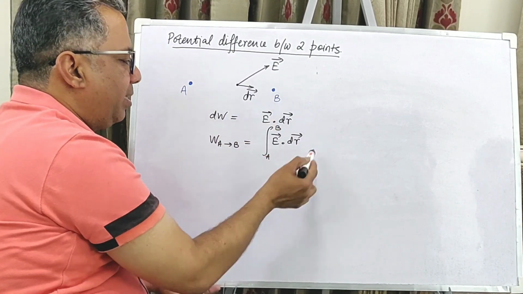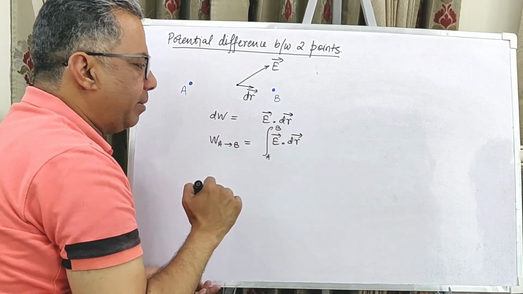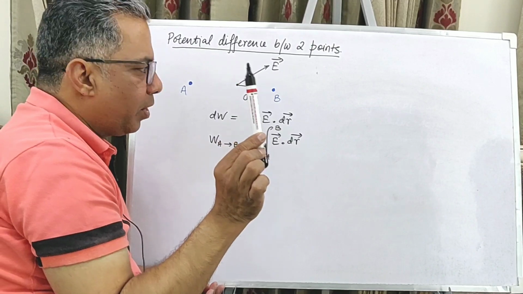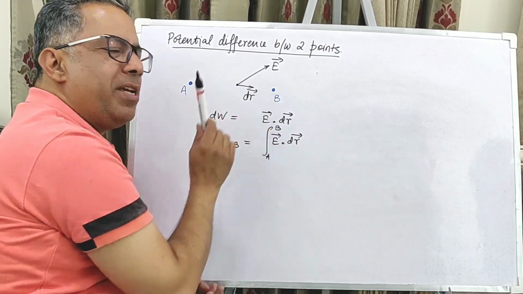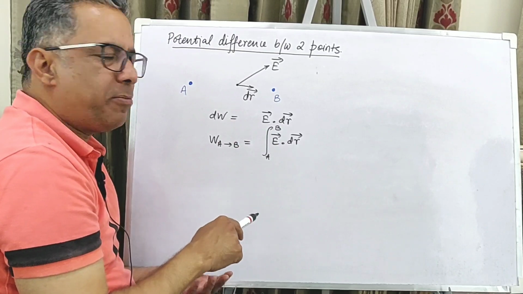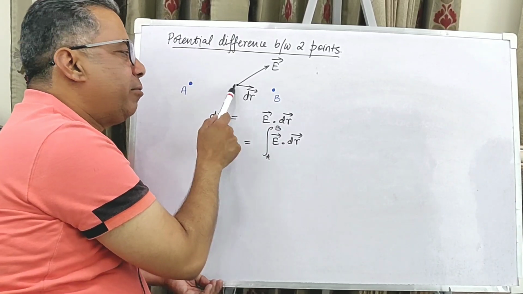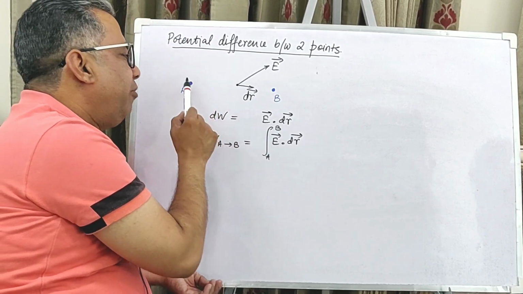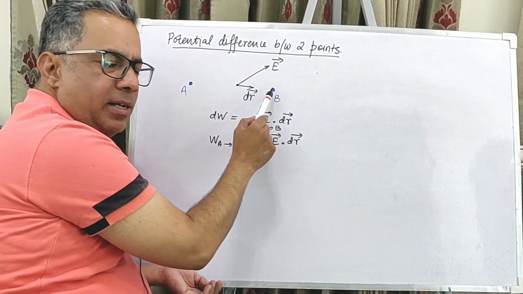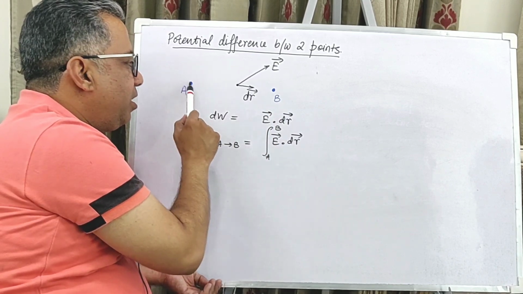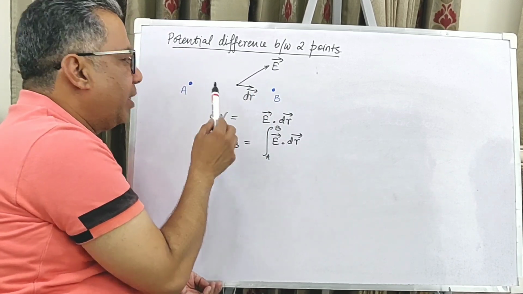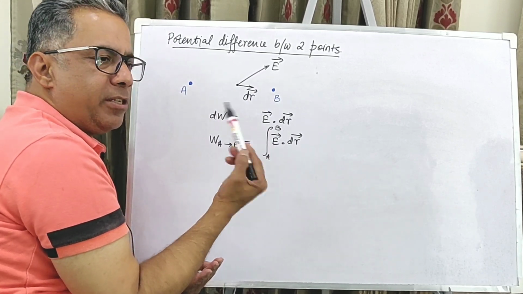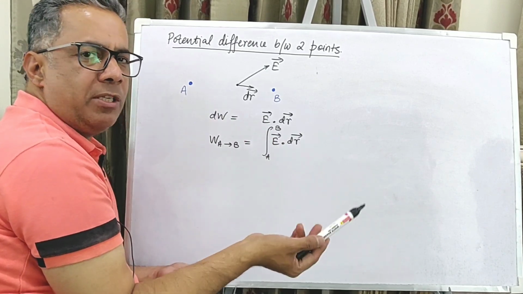Now as we calculate this amount of work, we get the change in potential energy for a unit positive charge as it moves from here to here. Remember the definition of potential. It is potential energy associated with the presence of a unit positive charge at a given point. So we are moving a unit positive charge from here to here. The change in potential energy will be the same as change in potential, right? The potential energy associated with a unit positive charge equals its potential.